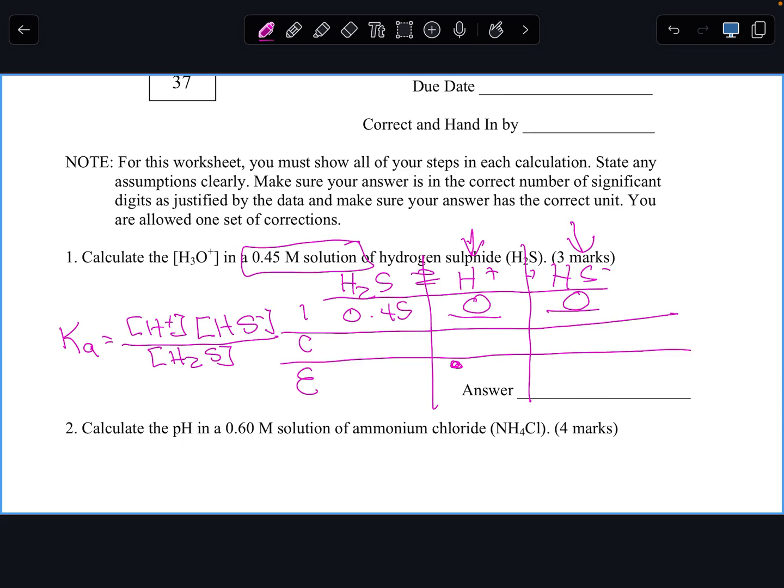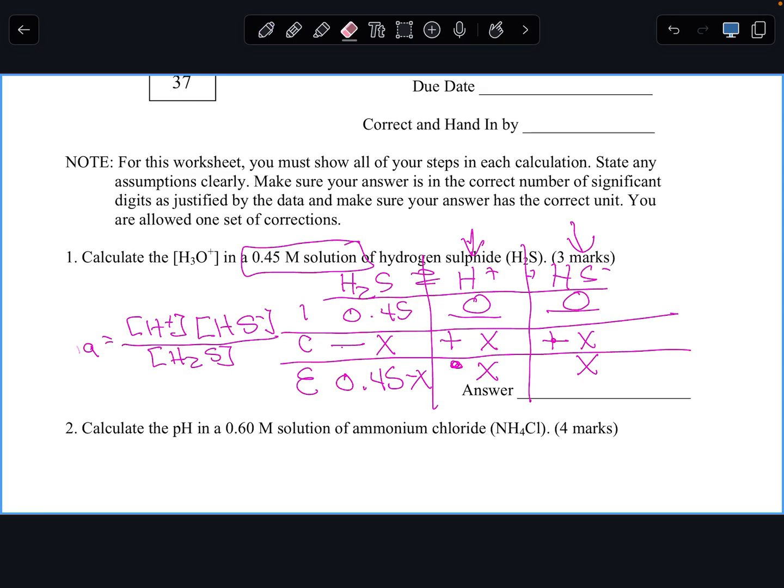So in terms of X, do you agree that this is going to increase by some magical number X? If this is a plus X, what does this one have to be? So my equilibriums will be X and X, correct? Then what does this X right here have to be? Minus X. So we're going to end up with 0.45 minus X.